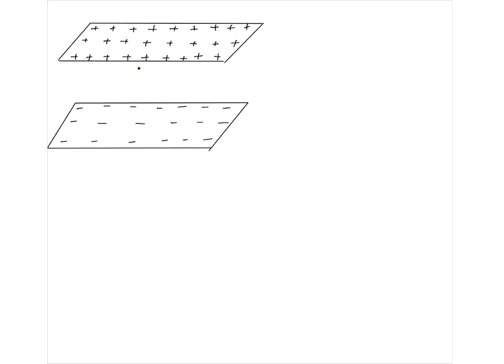It is all the same everywhere. And its direction is from positive to negative. In this drawing, it would be downwards. Later, when we discuss Gauss's law, then you will understand why it is constant.